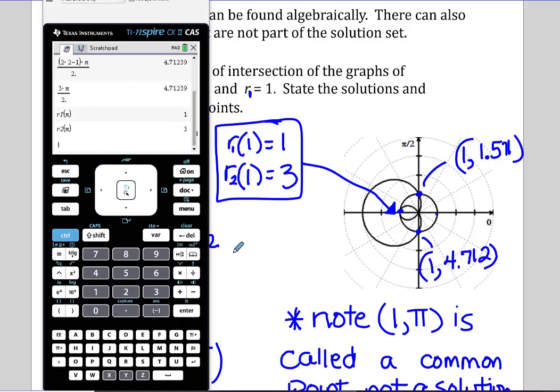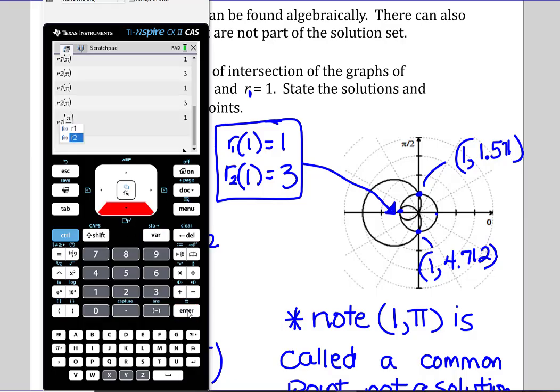So looking at R of pi, we get 1, and R2 of pi, we get 3, and then R1 of 90 degrees, which is pi over 2, we get 1.